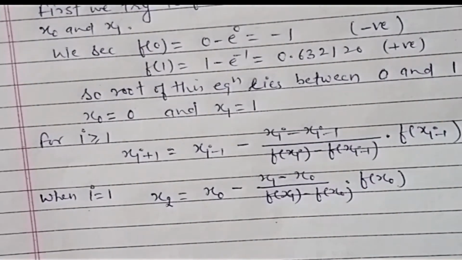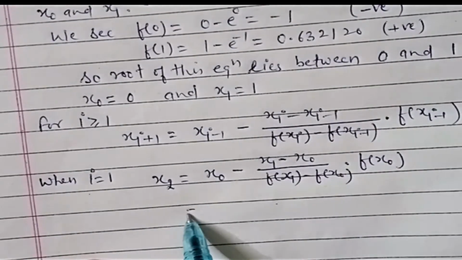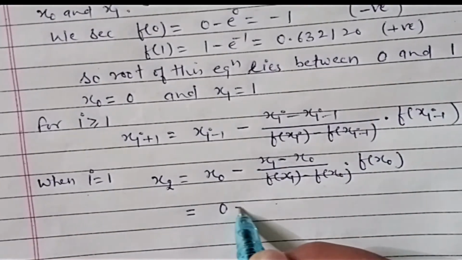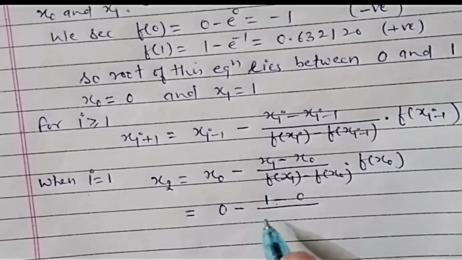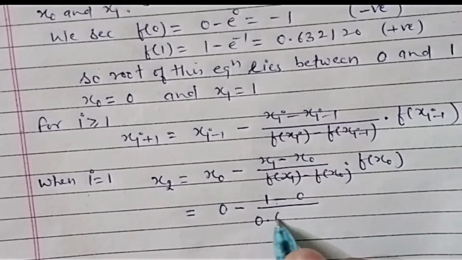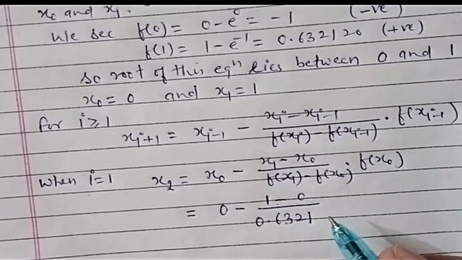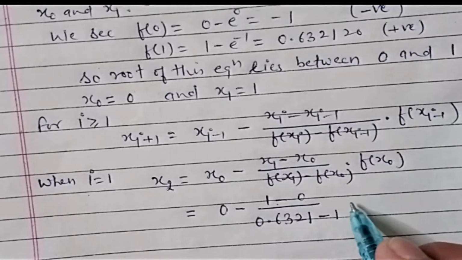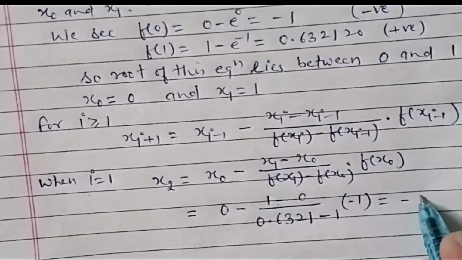Putting the values, x0 is 0, 1 minus 0, f of x1 is 0.6321, and f of 0 is minus 1, into minus 1.